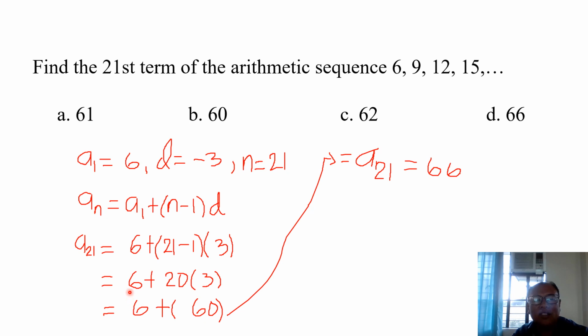Then that is equivalent to 6 plus 21 minus 1, which is 20, times 3. 20 times 3 is equivalent to 60, and 60 plus 6 is equivalent to 66. So the 21st term of the arithmetic sequence 6, 9, 12, 15 and so forth is 66. Therefore, the answer is letter D.